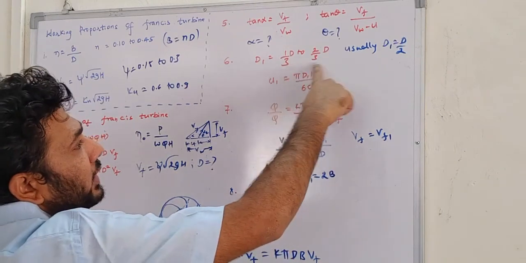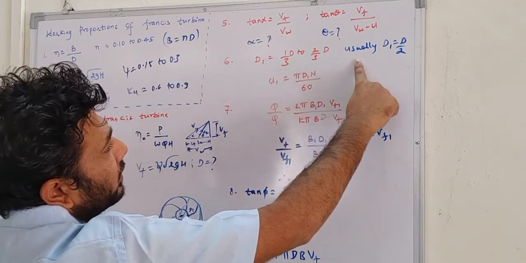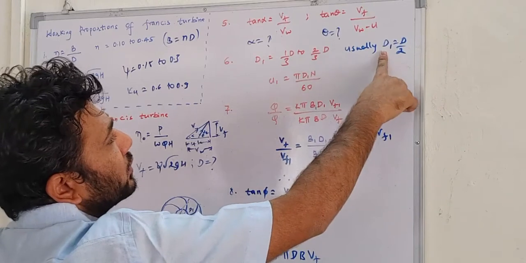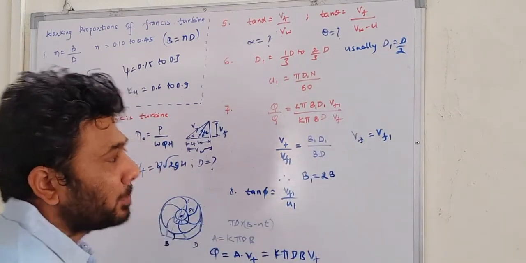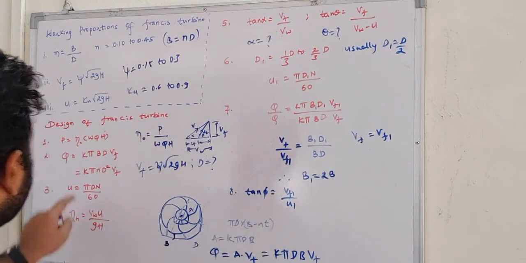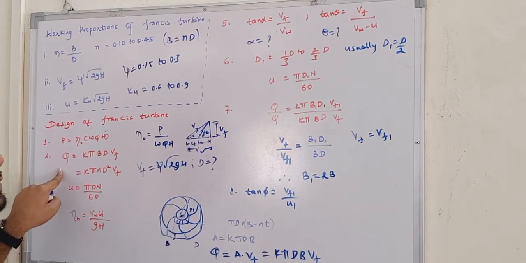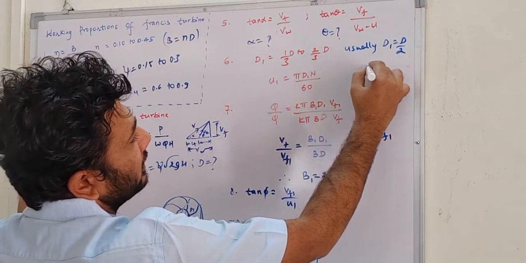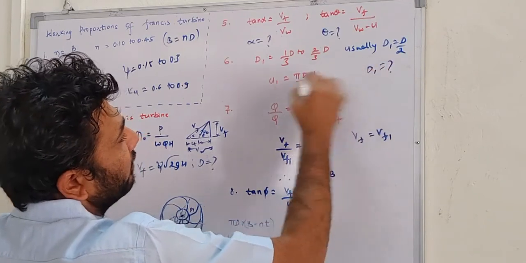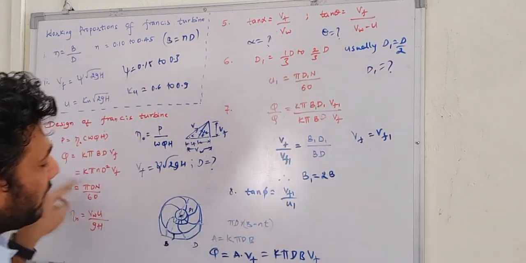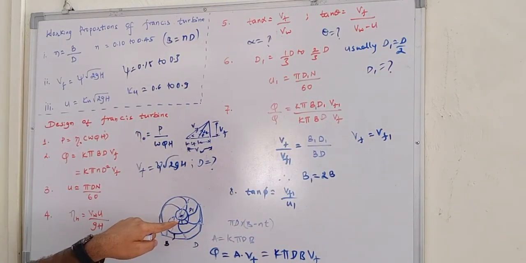But in most of the design work, we consider D1 equals D by 2 itself. We already calculated D from the second step. So from that we will calculate D1. If we calculate D1, you can calculate U1, U1 being the velocity at the outlet point.